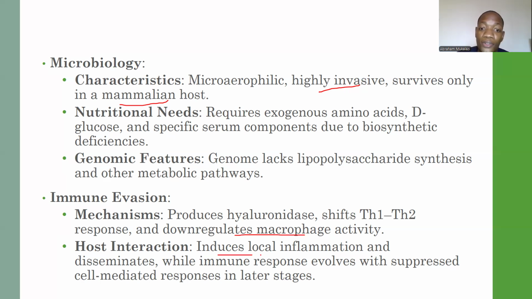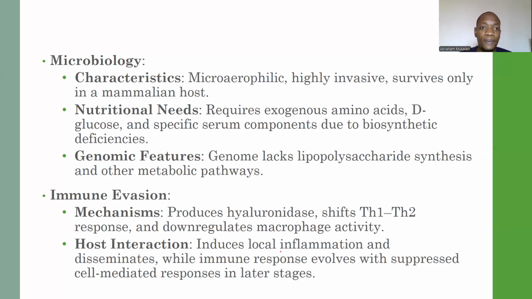It also induces local inflammation and can easily disseminate while it suppresses the immune system, so it spreads wherever it wants, either via the hematogenous pathway through the blood, or via lymphatics to reach other body parts.